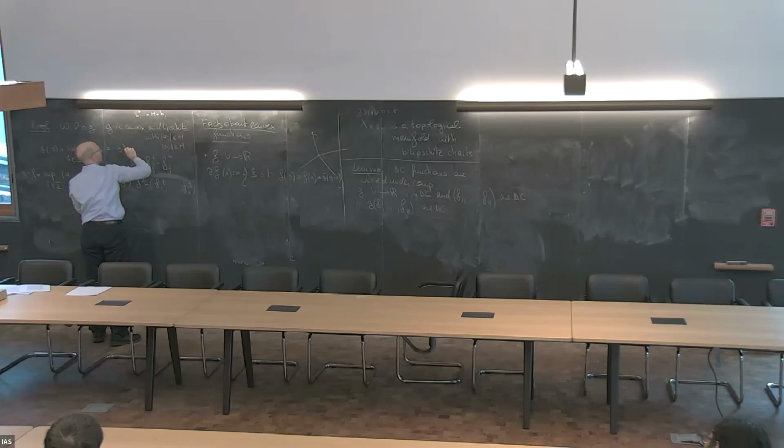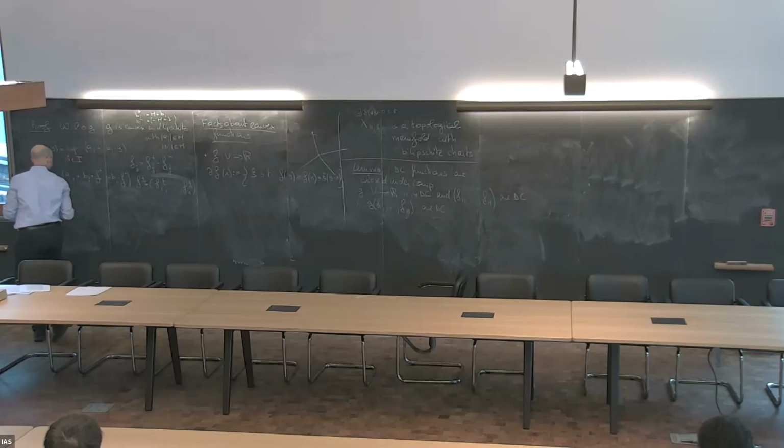So b plus i to be m plus b_i, and b_i minus to be minus m plus b_i.